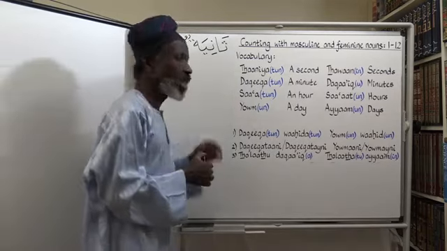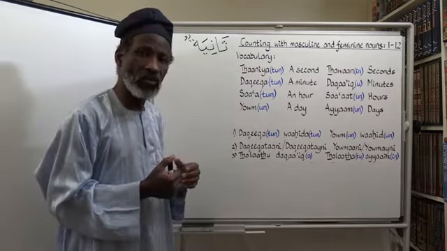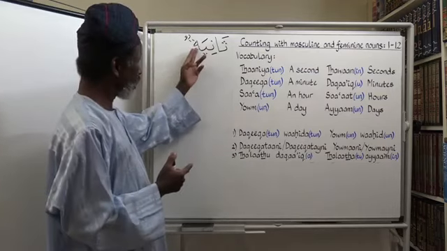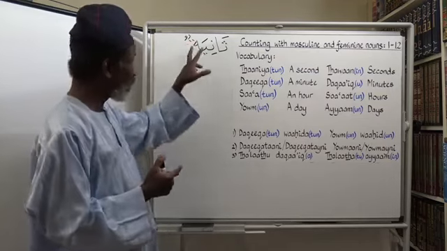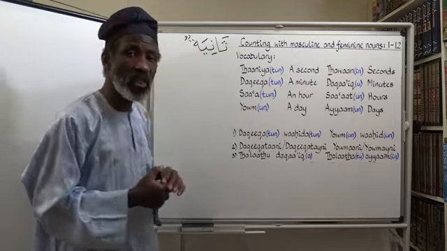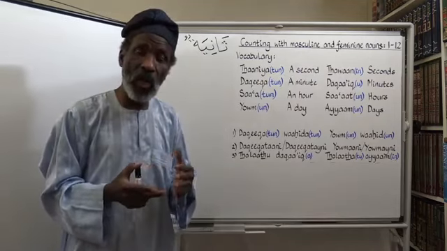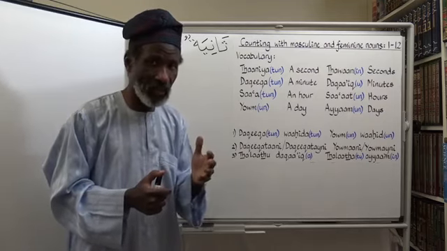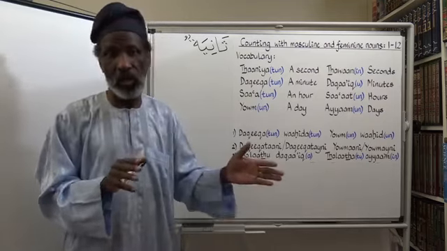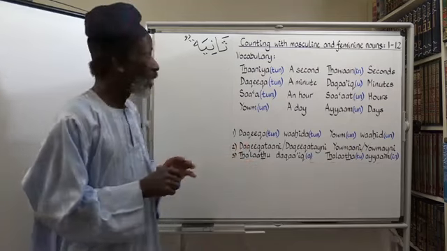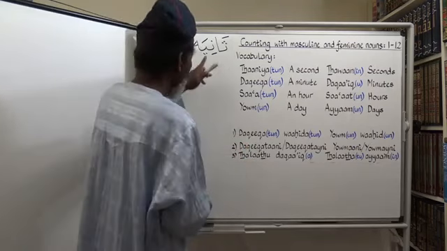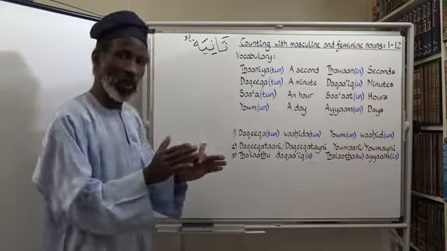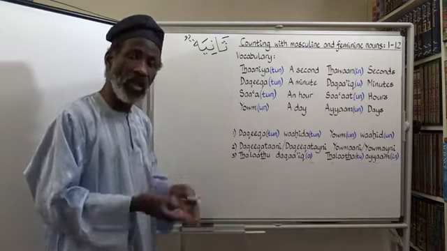Can you see what's the gender of this word? Clearly, it's feminine, because when you see ta marbuta at the end of a word, you can say 99%, this is a feminine word. So a second in Arabic is considered to be feminine.